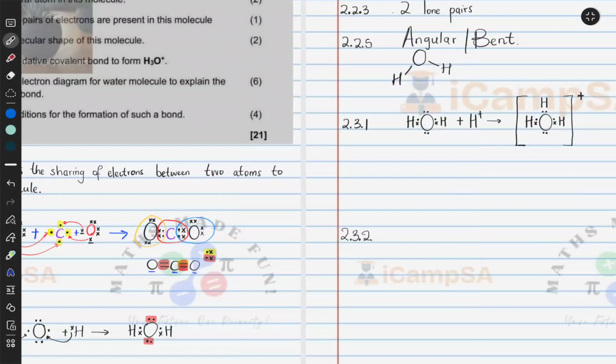First of all, the central atom of one molecule or atom must have at least one lone pair of electrons available for sharing.